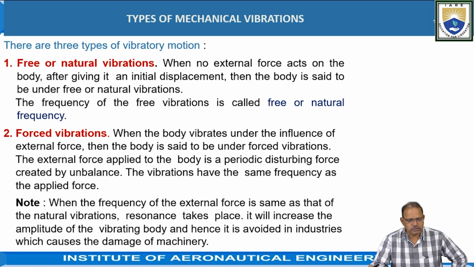After giving a small initial displacement, the disturbing force that moves the body from its equilibrium position is removed. If the body executes vibrations, those are called natural or free vibrations. The frequency of free vibrations is called the free or natural frequency.